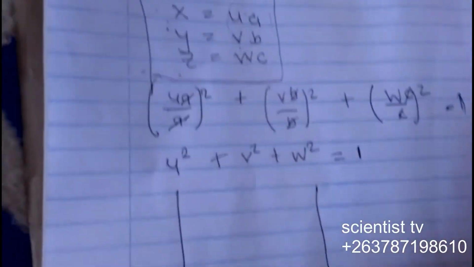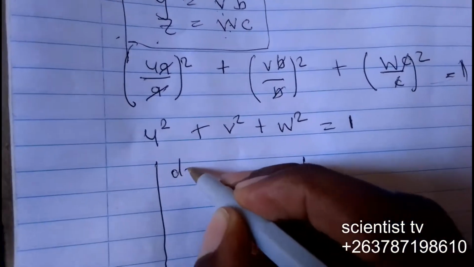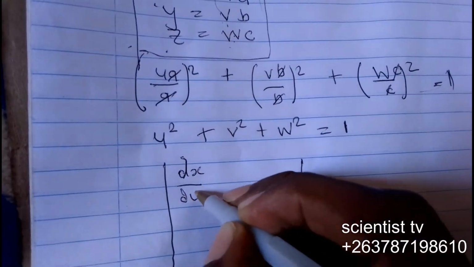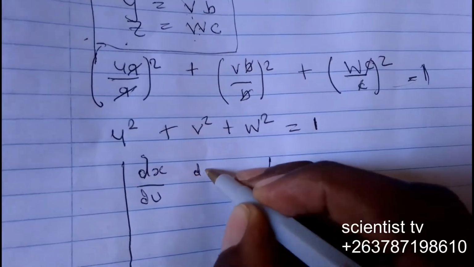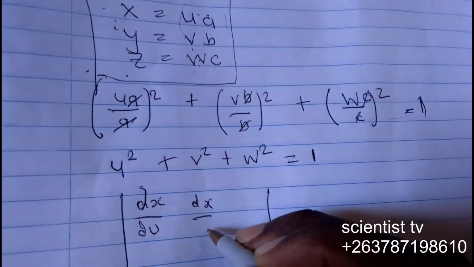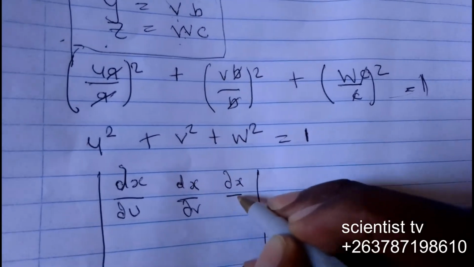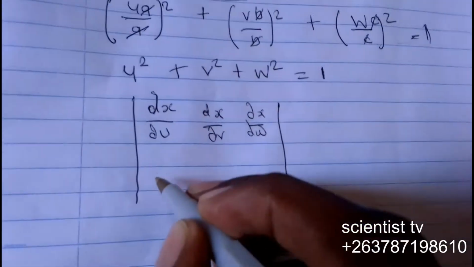So how do you do it? It's the partial derivative of x with respect to u, and also x with respect to v, and also the partial derivative of x with respect to w.